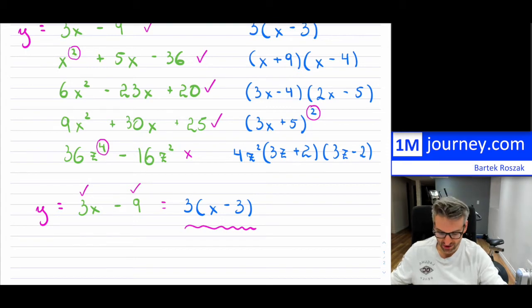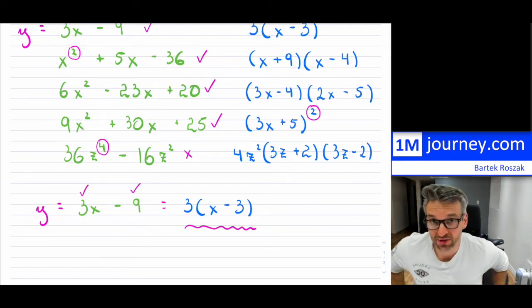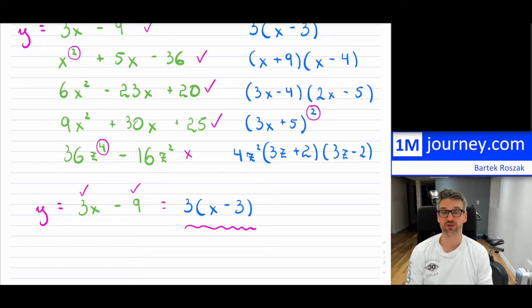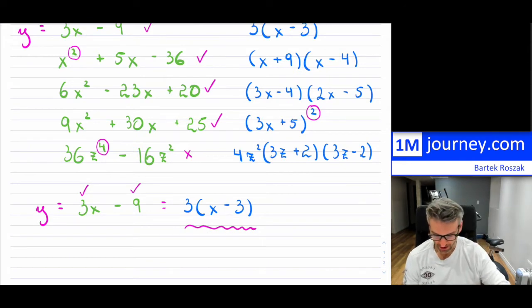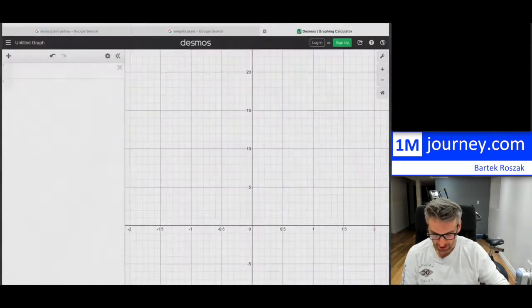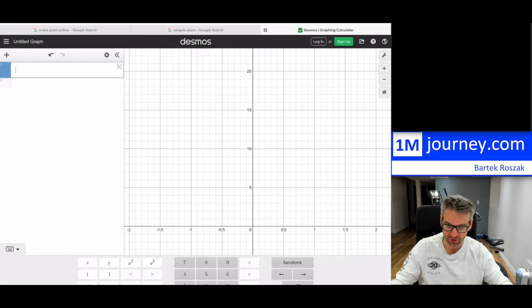If I take this line, let me graph it here for you. You should know how to graph lines, because if you're watching this video, the assumption is that you are probably in grade 9 or grade 10, and you've already graphed lines in general. I will use Desmos, which is one of the nicest tools on the web, and hopefully it will be free for a long time.